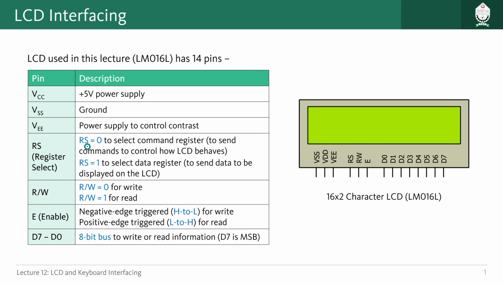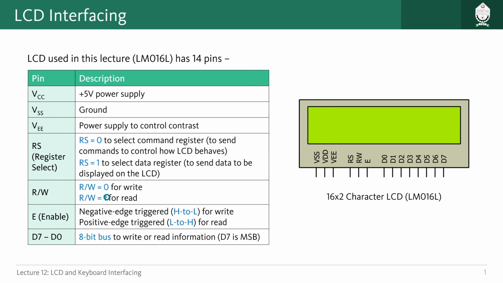If we send 0 to RS, the command register will be selected, and whatever we send will be stored into our command register, and if RS is equal to 1, that will be stored in the data register, and that will be displayed onto the display. So this is how it works.